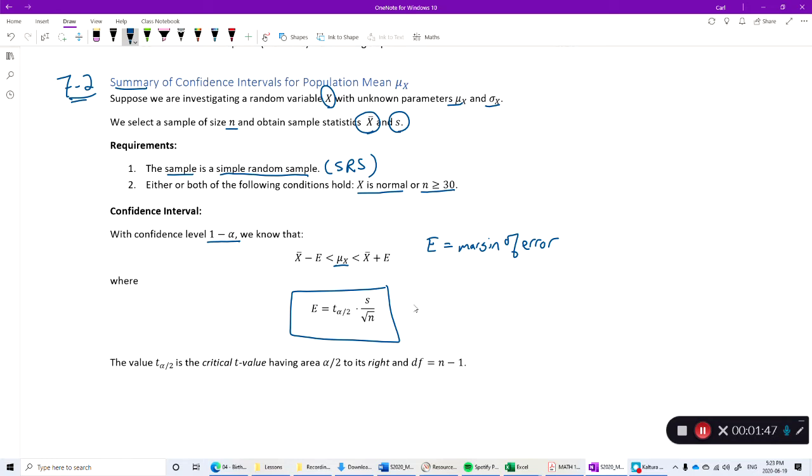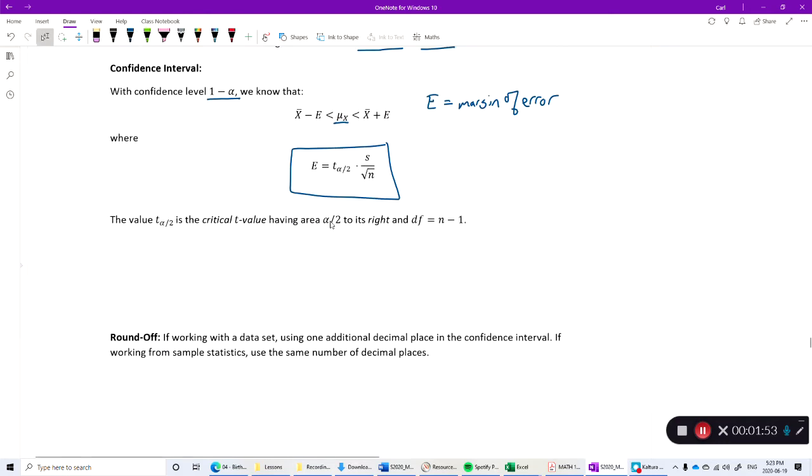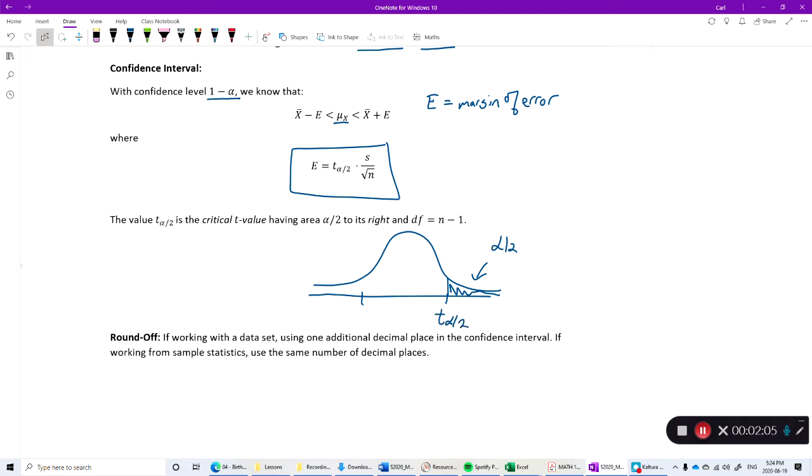where the value t alpha over 2 is the critical t value with an area of alpha over 2 to its right. So that's the area alpha over 2 to the right. That's called the critical t value, and this has degrees of freedom n minus 1.